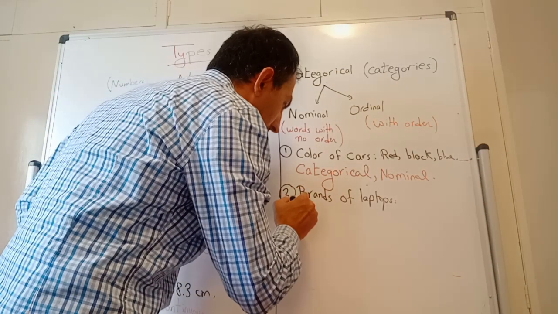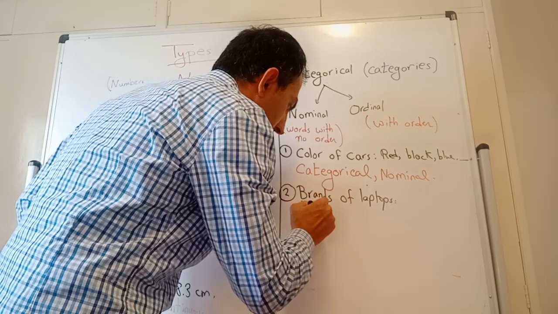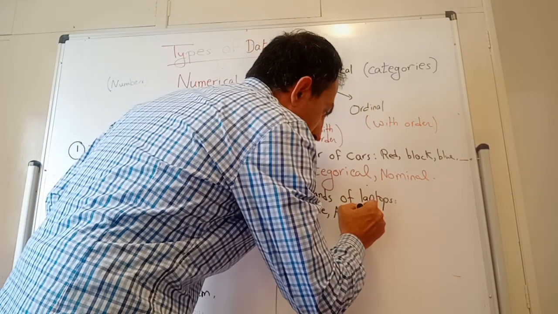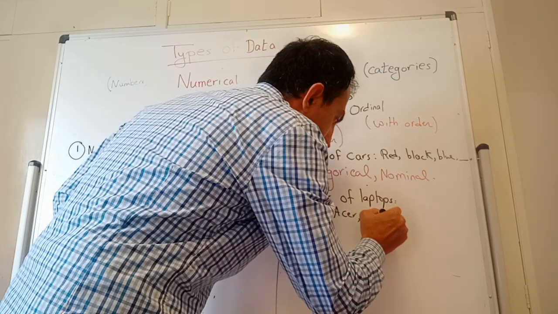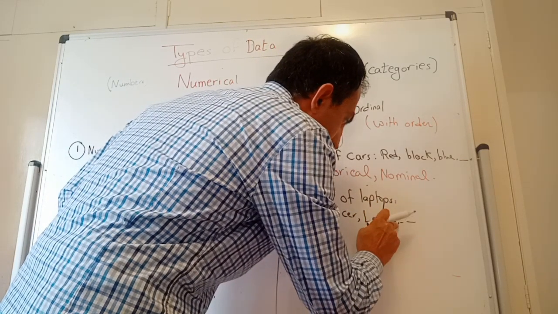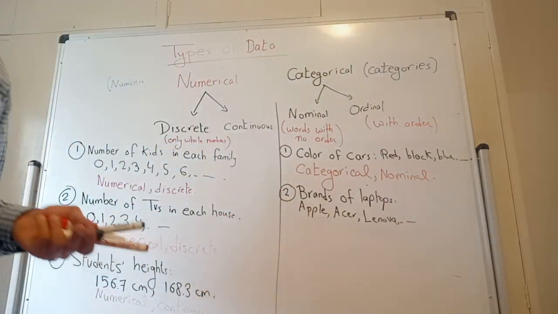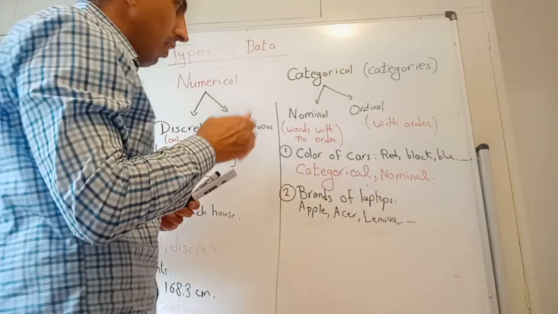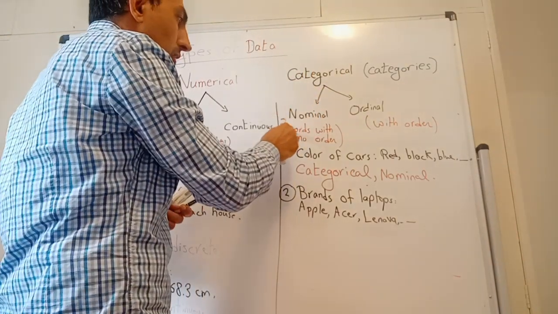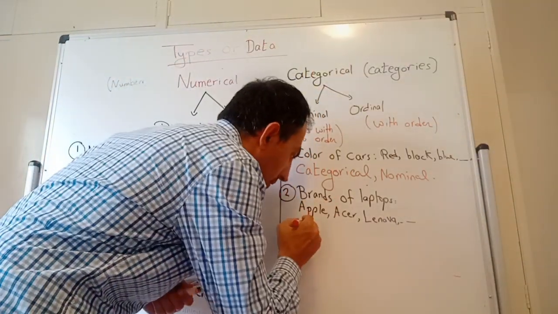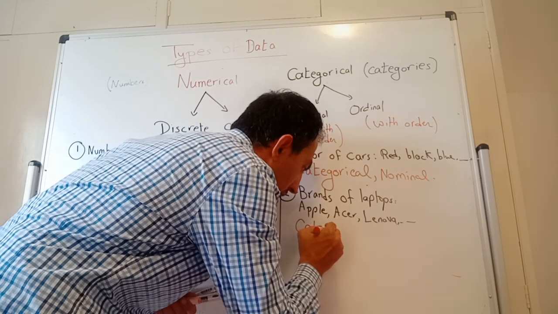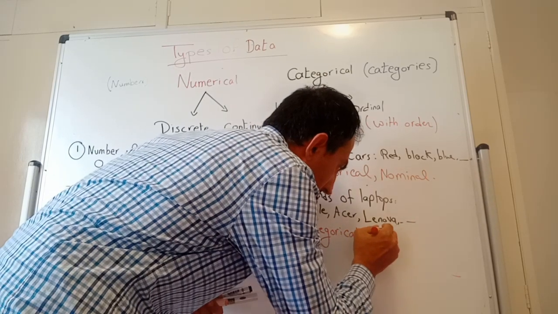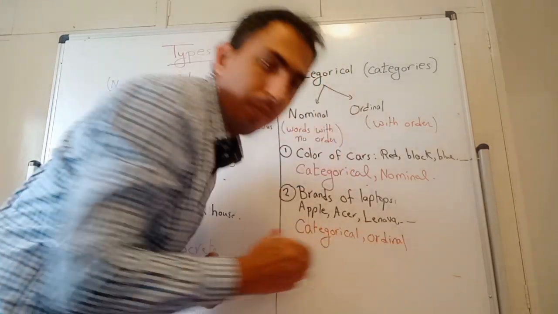It can be Apple, Acer, Lenovo, and others. So there is no order, and they are all brands, just words there. This is called categorical nominal, words with no order.